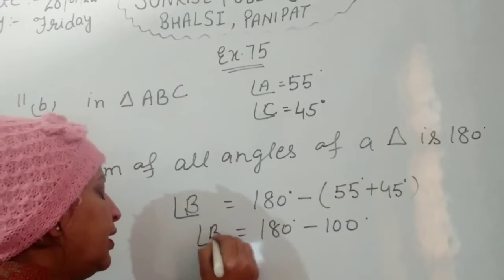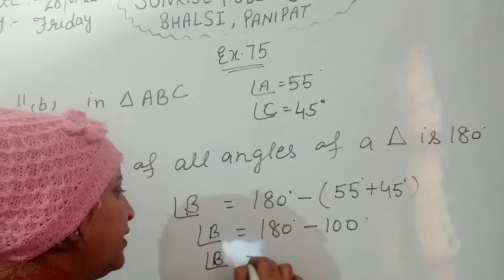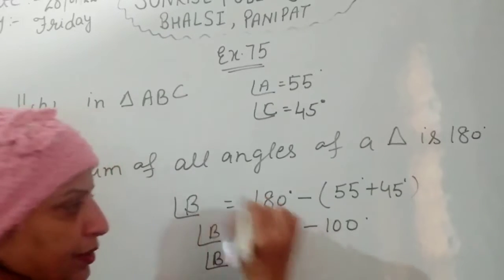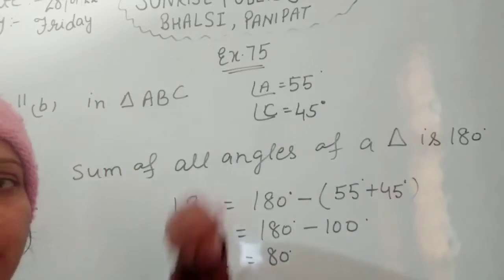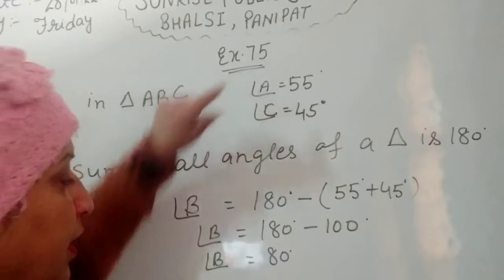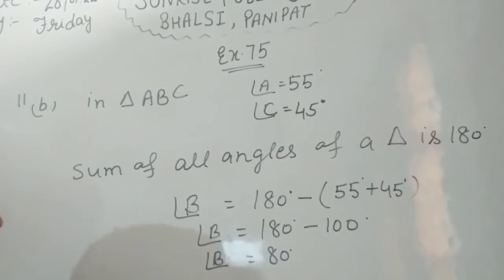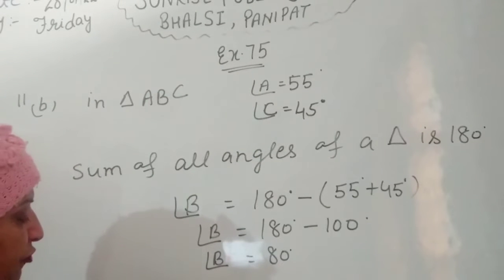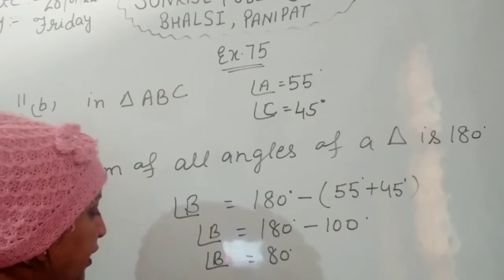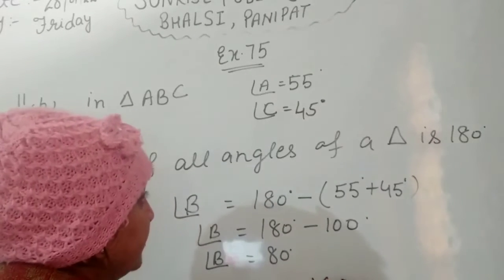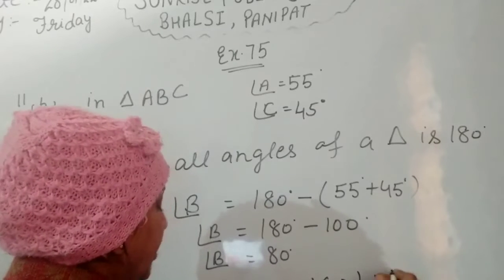Now we find that angle B measurement is 80 degrees. Now we write all the angles here: angle A is 55 degrees, angle B is 80 degrees and angle C is 45 degrees.